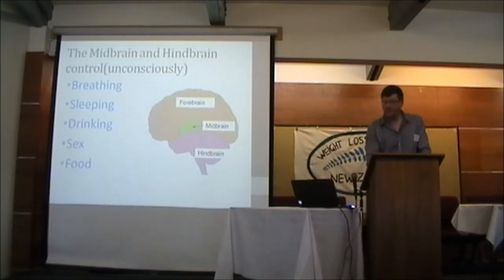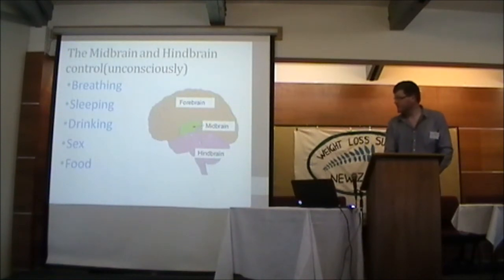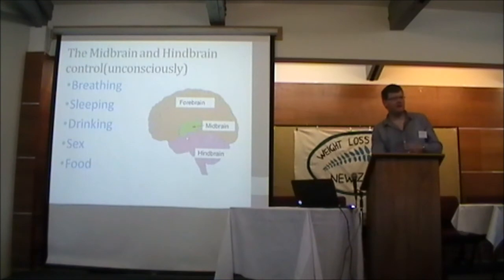Now, the brain can be divided up into three regions. Now, the oldest part of the brain, and that's the part of the brain that we don't really have any control over, is called the reptilian brain. And it comprises the midbrain and also the hindbrain. Now, within the midbrain and hindbrain, there are important controls, and they include breathing, sleeping, drinking, sex, and food.